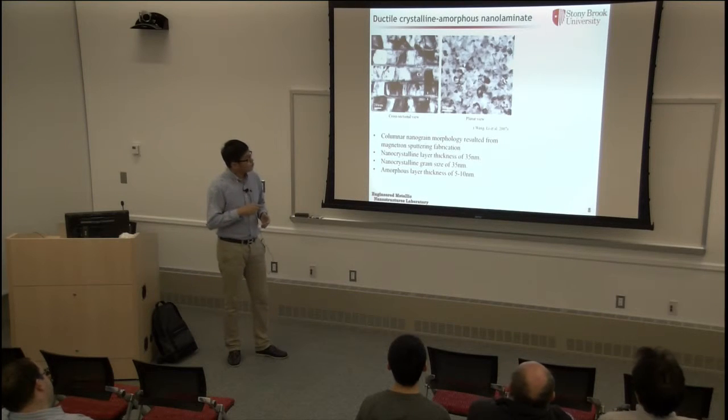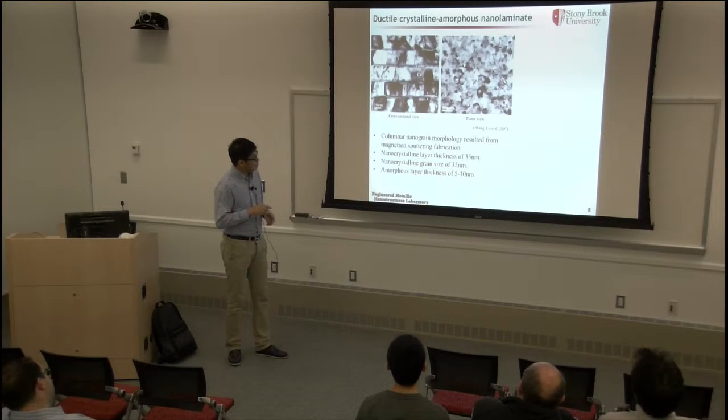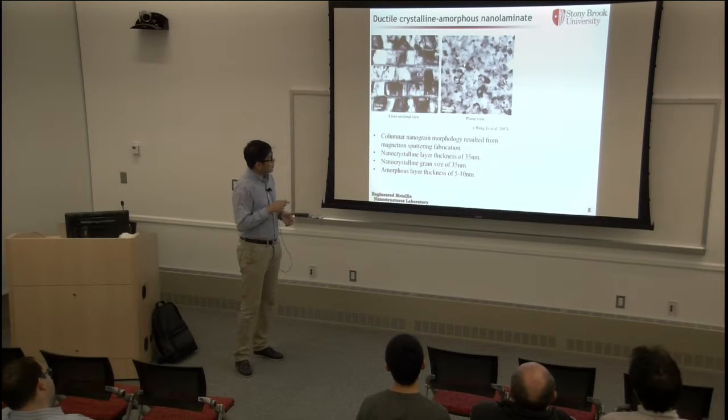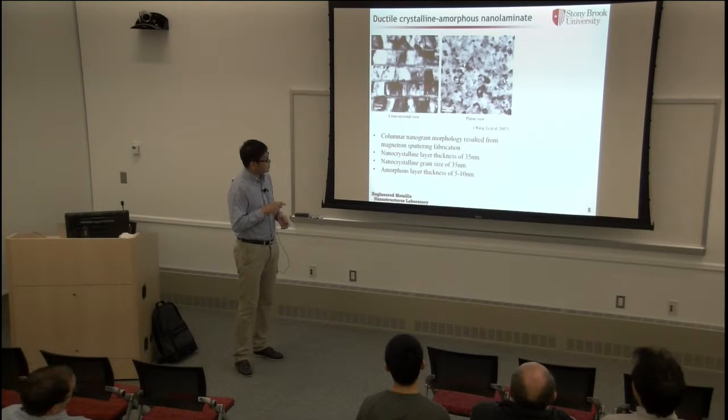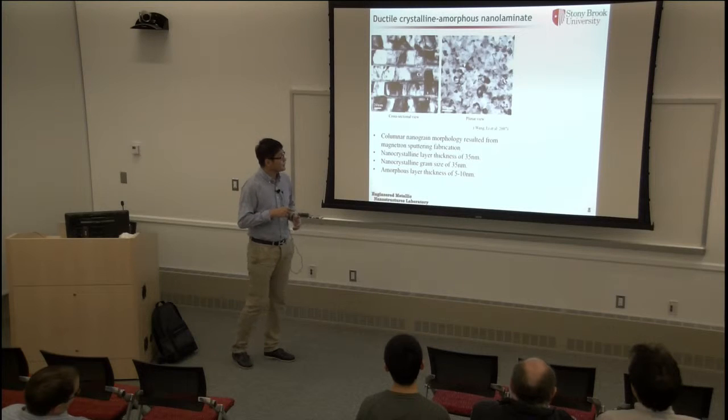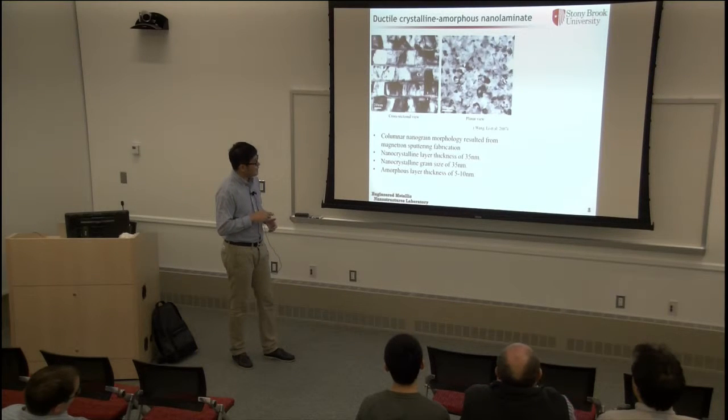The side view of the TEM picture shows that the nanocrystalline layer has a columnar grain shape, right in here, and a layer thickness of about 35 nanometers. The planar view shows that the average grain size is also about 35 nanometers, and the amorphous layer is about 5 to 10 nanometers.